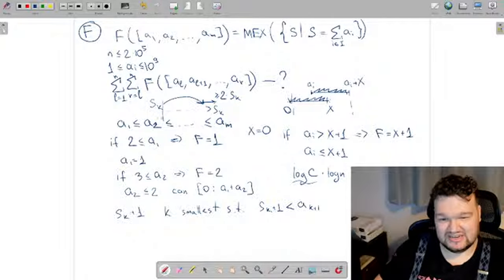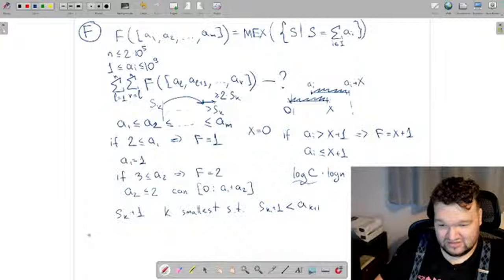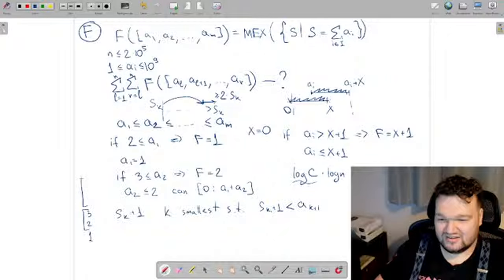The idea is to split all the values into buckets by their highest bit. So we will have a bucket of just ones, then 2 and 3 in the same bucket, then from 4 to 7, from 8 to 15, and so on.